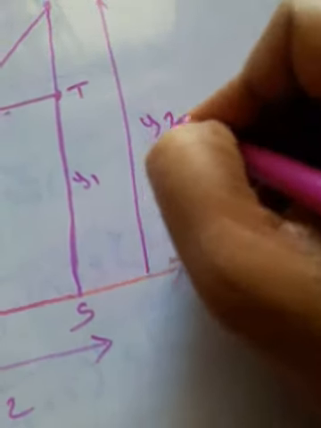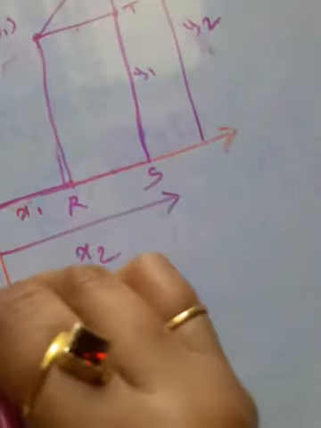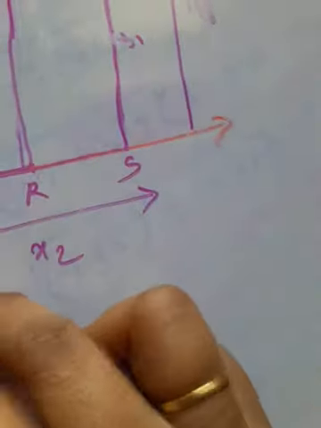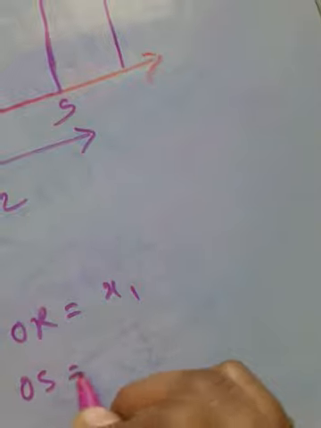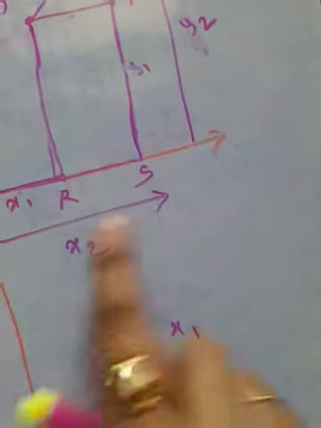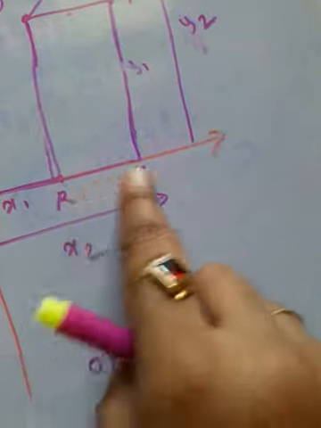Okay, so now write down here OR is x1. This point P is at x1 here, and then OS is x2. Suppose we subtract OR from OS, we get RS. RS is the same as PT.